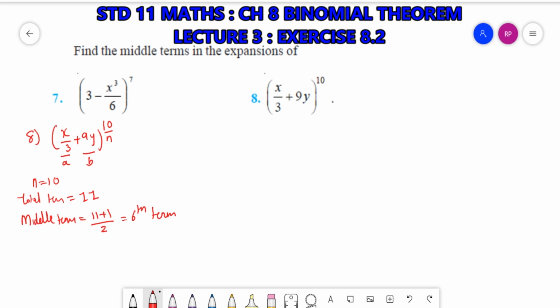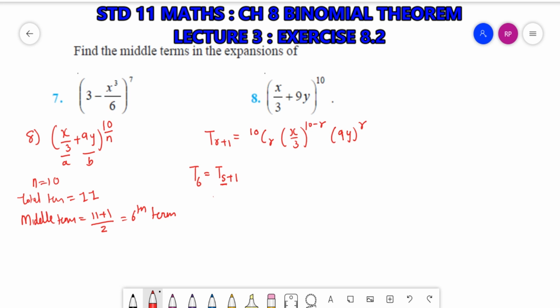Okay. Now first let's write down the general formula. T(r plus 1) is equal to nCr, that is 10Cr, a raised to 10 minus r, means (x by 3) raised to 10 minus r, b raised to r, (9y) raised to r. We need to find out the sixth term. So T6 will be equal to T(5 plus 1).